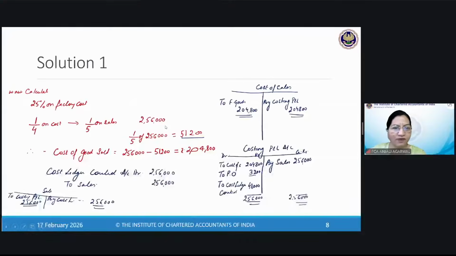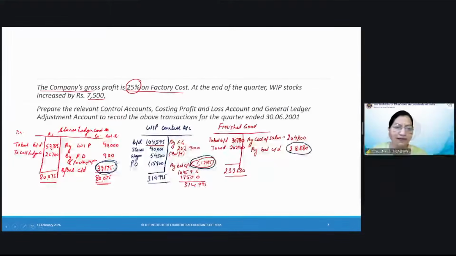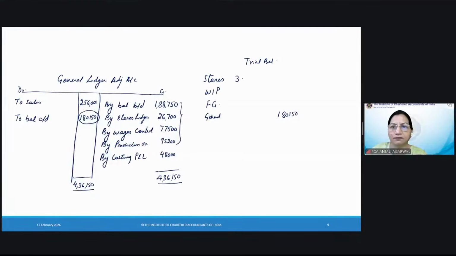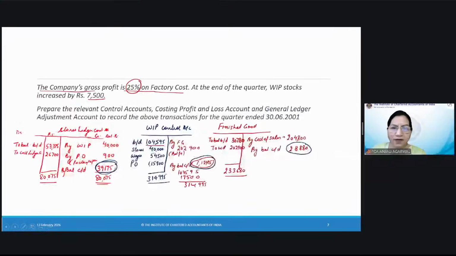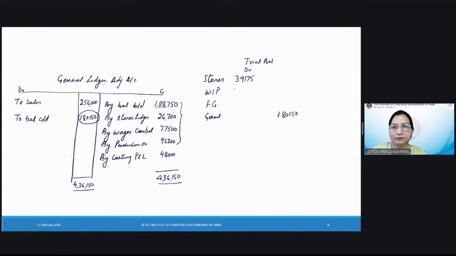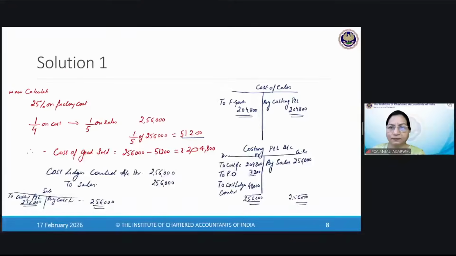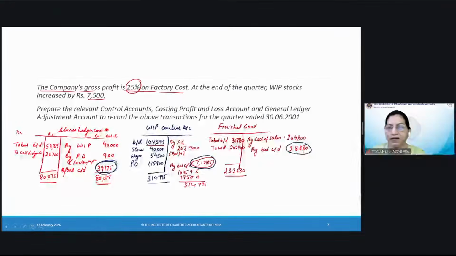Let's see, and you can always verify your answers. So what is 1,80,000 remaining with us as 39,175 as stores, debit balance, 1,12,095 as WIP, and 28,880 as finished goods.